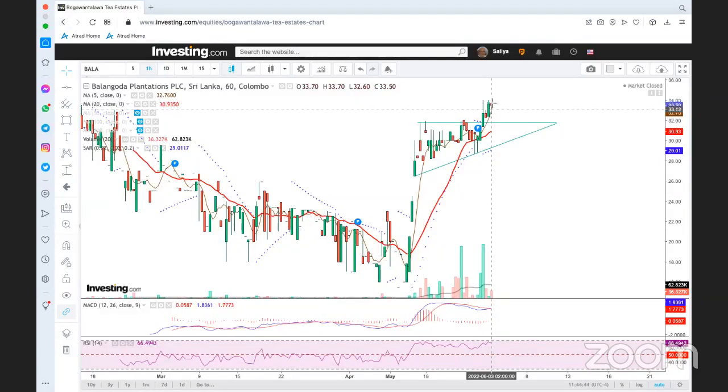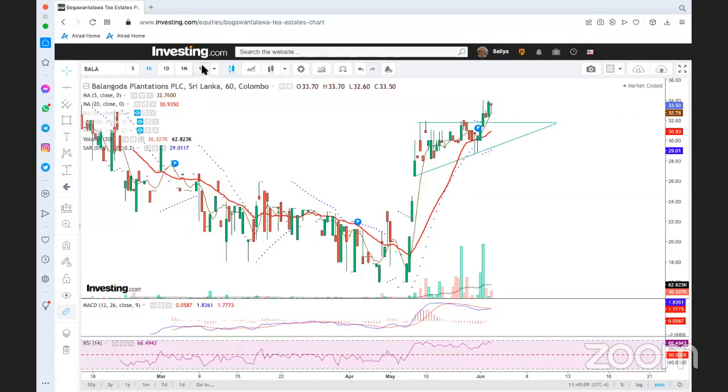So that range is inside this, right? That's another bearish formation, known as a bearish engulfing formation, right? So we have to wait for further confirmation.